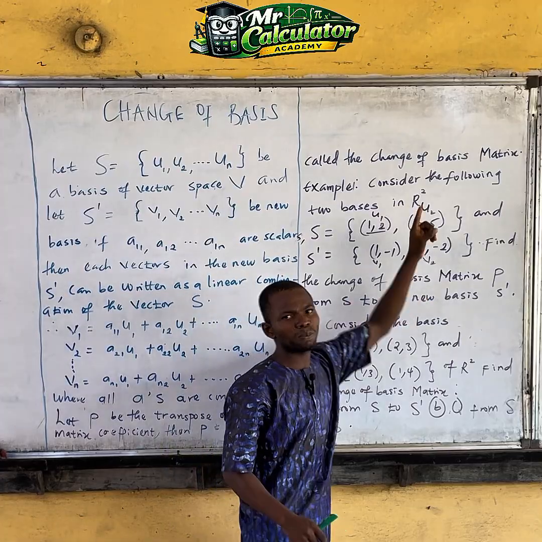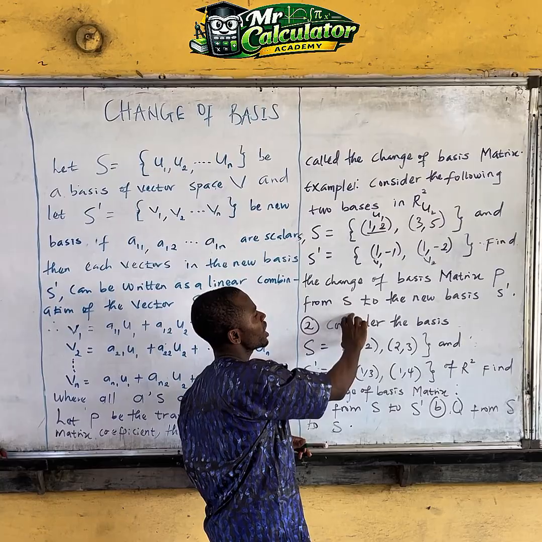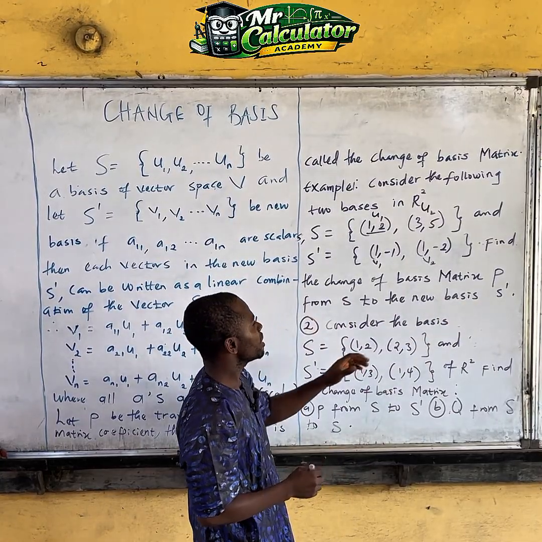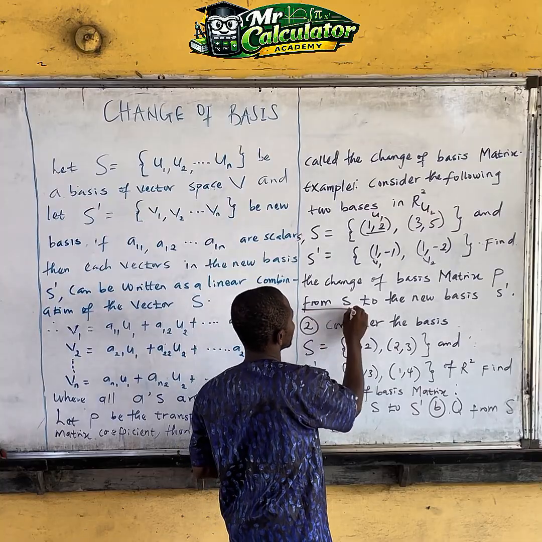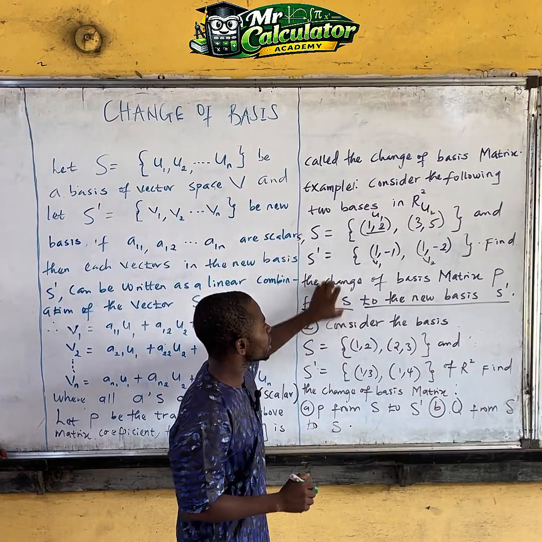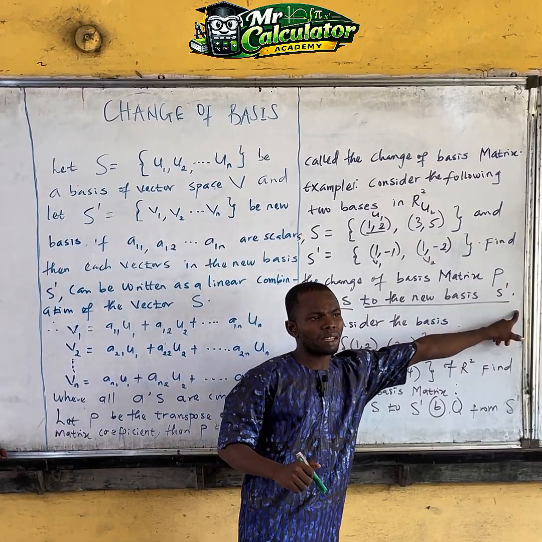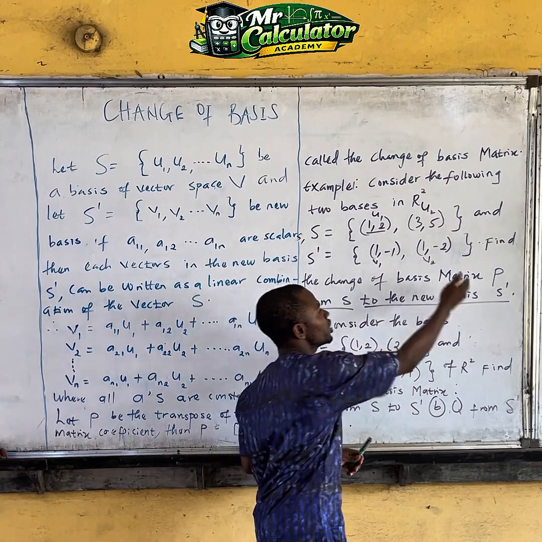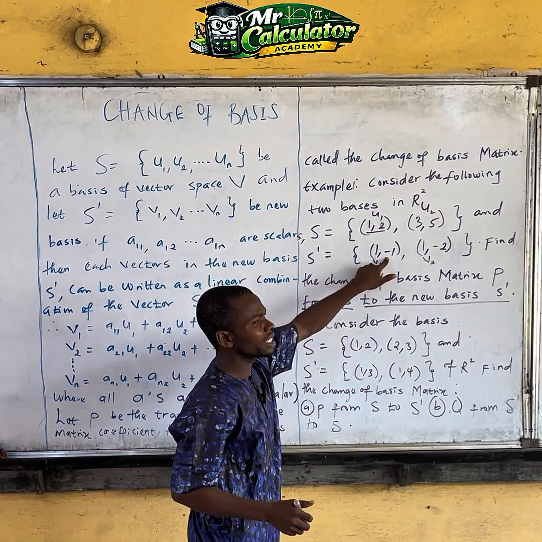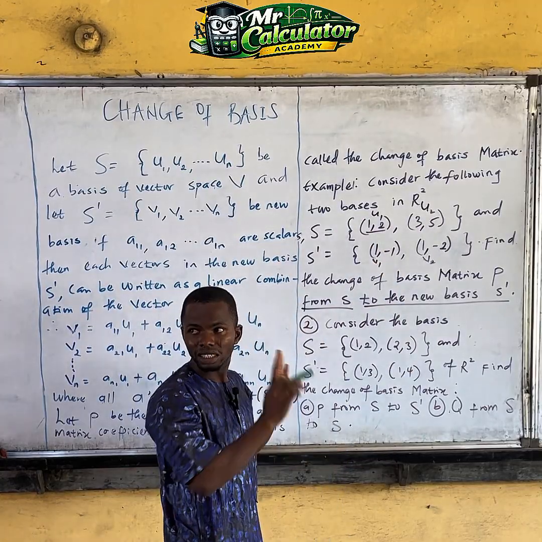Now our aim is to find the change of basis matrix P from S to the new basis S prime, which means we want to change the basis of S to S prime. From S means we want to change all the bases of S to the new basis S prime, which means we want to write the basis of S prime as a linear combination of the basis of S. That is the concept there.